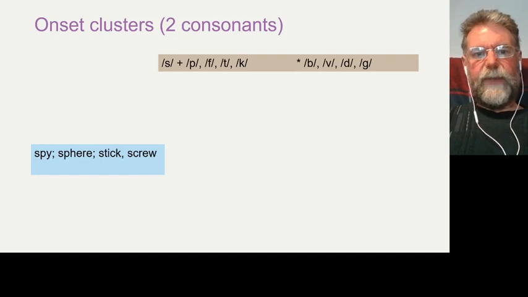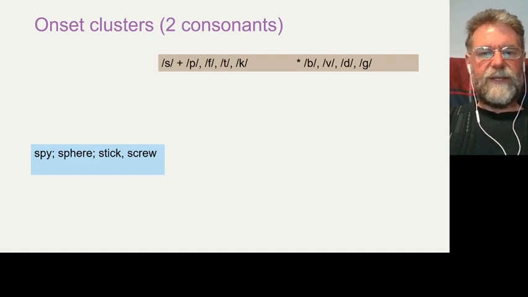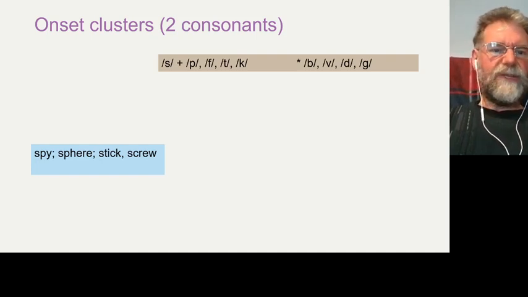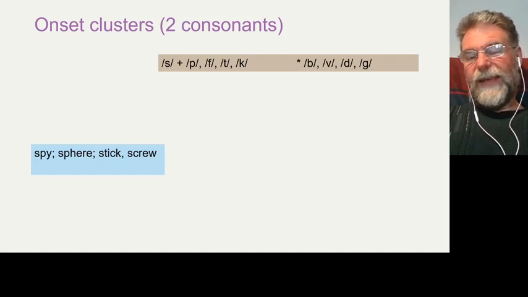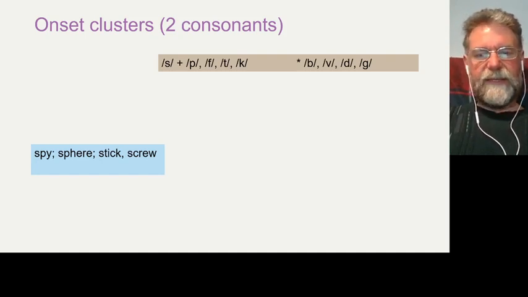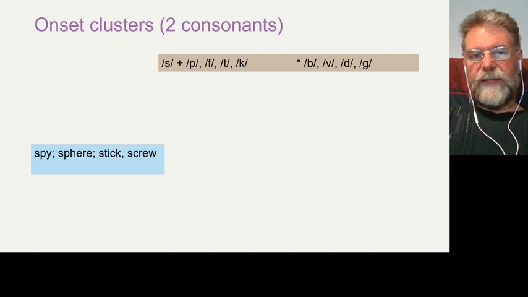So we can get sp as in spy, sf as in sphere, st as in stick, and sk as in screw. Actually, screw has got three in it, but you can get sk words as well, as in sky, for example. Note, however, you can't get an s in front of b, v, d, or g, i.e. the voiced versions of these plosives and fricatives.